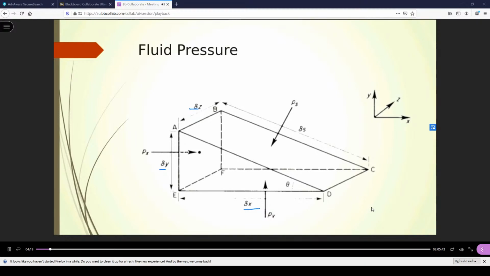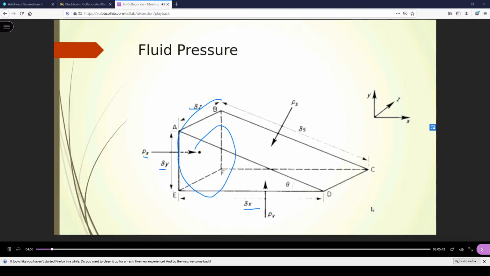Now we look at the pressure acting on this plane, A, B, C. This is a vertical plane in the YZ plane, and this is the pressure acting at this point. Because this area is very small, we can assume that Px is uniform over this tiny area.